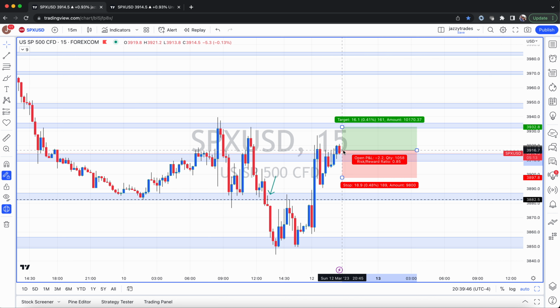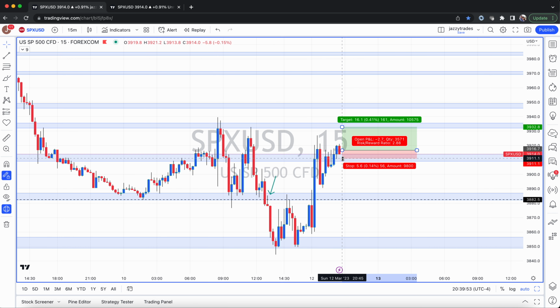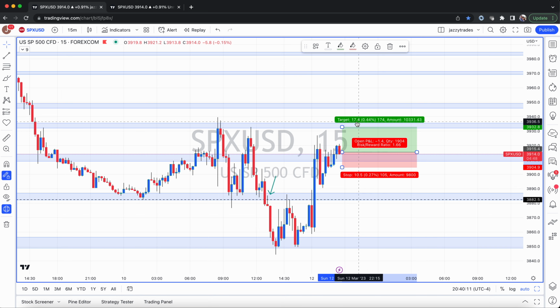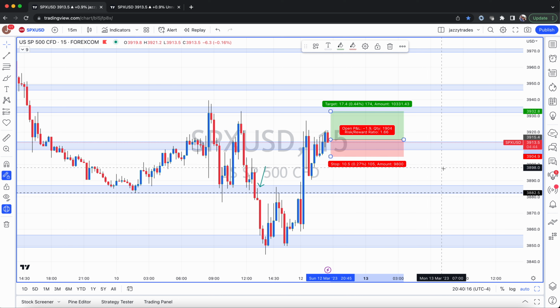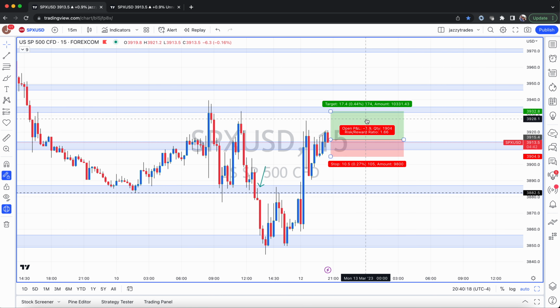Realistically you want to enter here, but your entry realistically will be somewhere here, and then your stop loss can be here or here. If you try to do it here, you'll get stopped out pretty often. That's how SPX moves. So it's better to do it here. Your RR in this case is about 1.6. So that's how I try to do it.